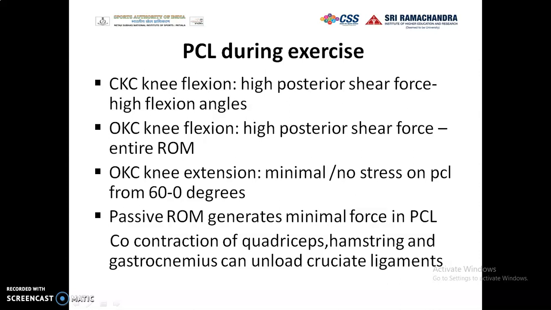So, a summary of rehabilitation guidelines here. It is more conservative than ACL rehabilitation, with early controlled passive range of movement, early weight bearing, and graded muscle strengthening in the protected range, with controlled CPM for about 0 to 60 degrees in the initial phase, and possibly the open kinetic chain flexion exercises can be avoided.